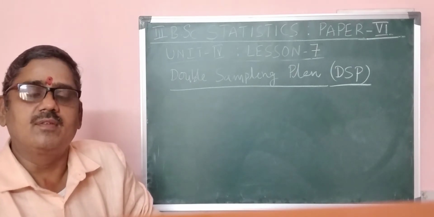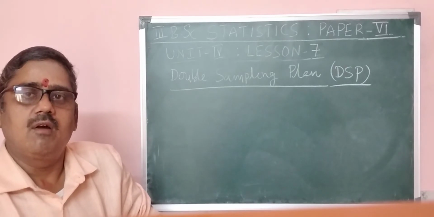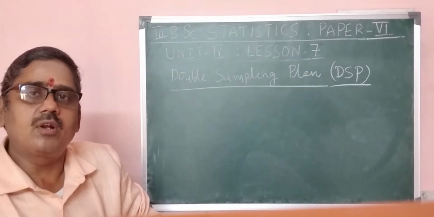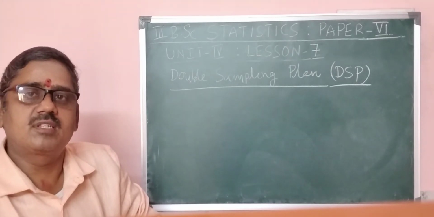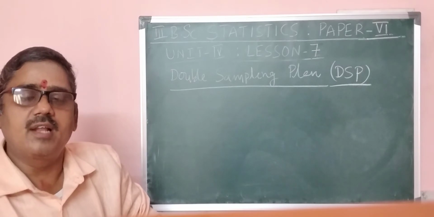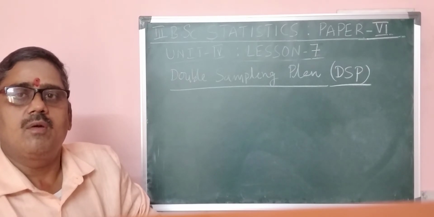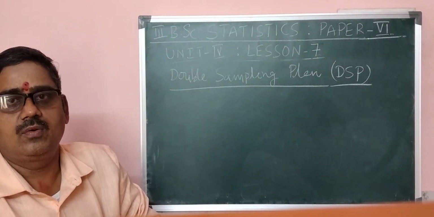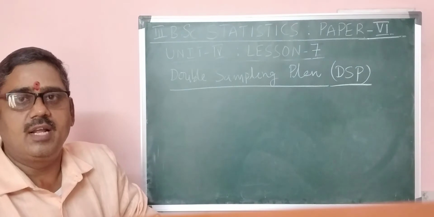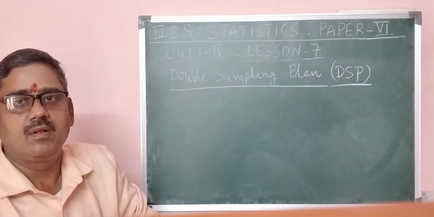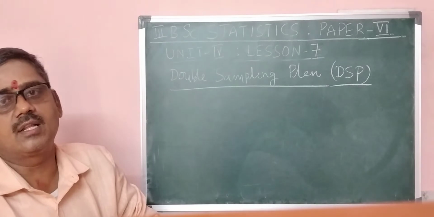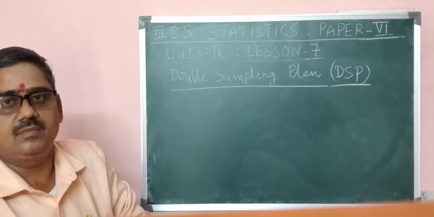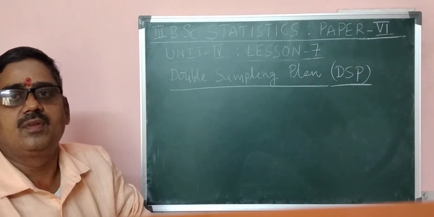When we use two samples, for example, if the first sample does not determine whether the lot is going to be accepted or rejected, that is, a decision was not made, then we have to consider the second sample in order to make a decision. That is one kind of concept.